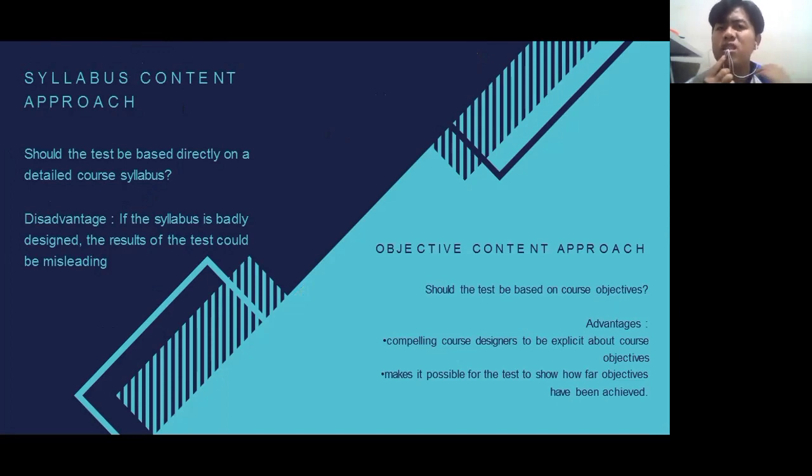And the objective content approach is that the test should be based on course objectives. The advantages are, first, compelling course designers to be explicit about course objectives, and second, making it possible for the test to show how far objectives have been achieved.